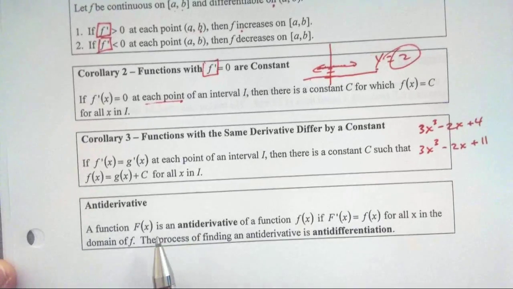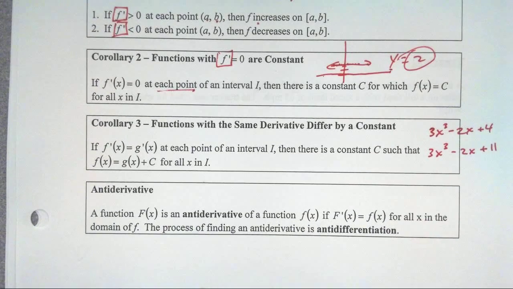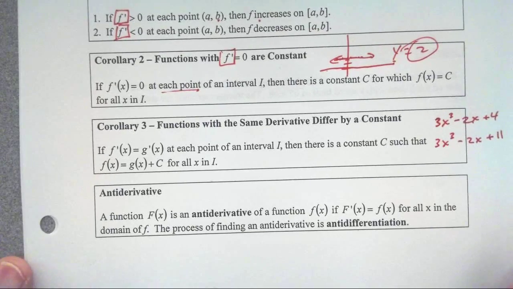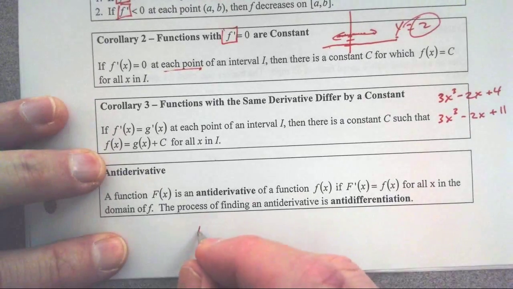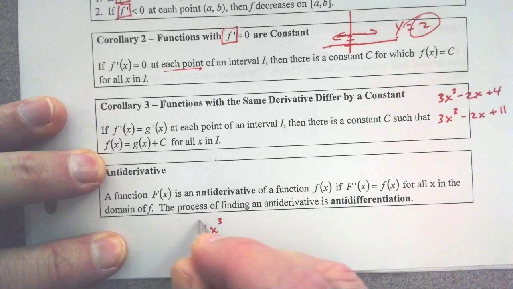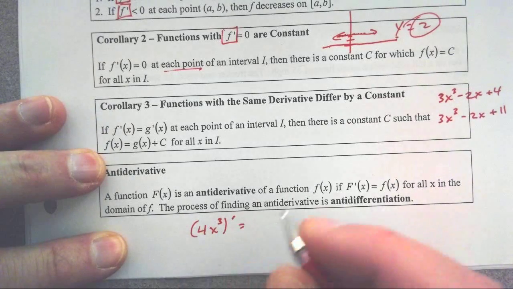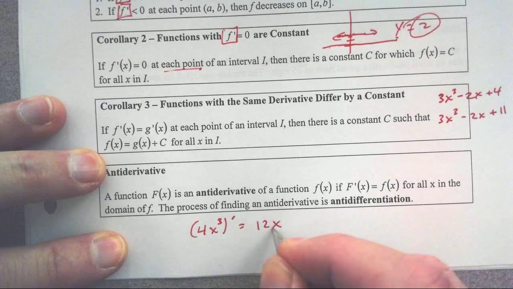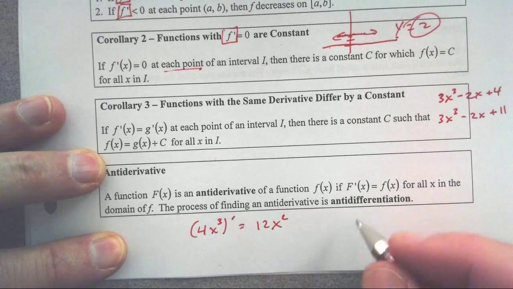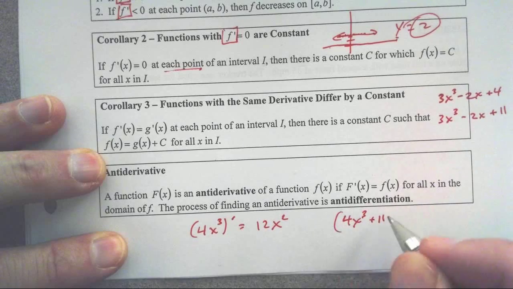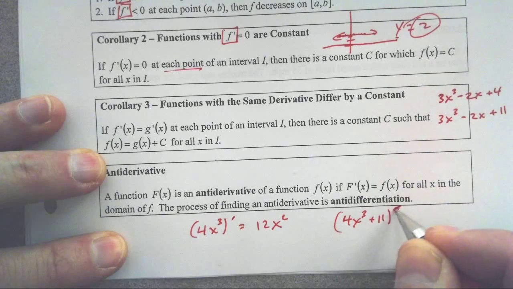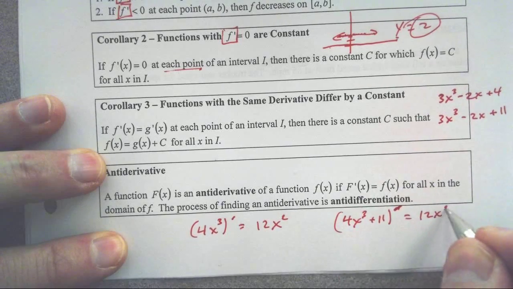And then we introduce this concept of an antiderivative, which, if you haven't heard the word before, it's exactly what you would expect it to be. For instance, we know that 4x cubed's derivative is 12x squared. However, we also know that 4x cubed plus 11's derivative, first derivative, is 12x squared.